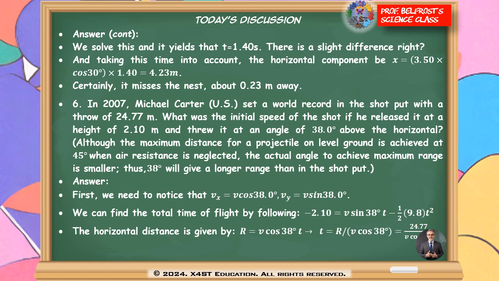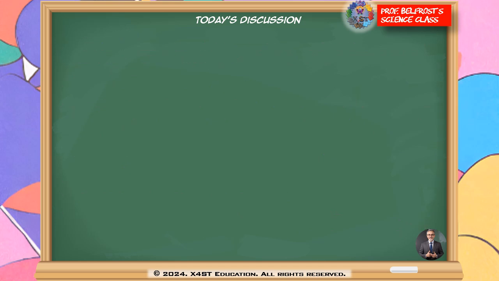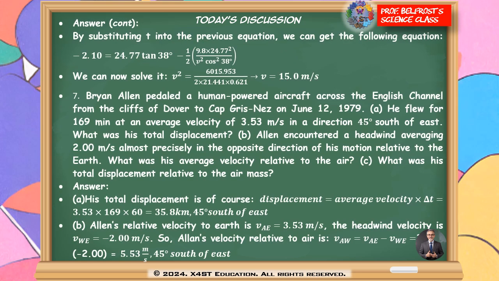First we need to notice that we can create a Vx and Vy, and then by using this data we can find its total time of flight, and also we can find the total time of flight by using the horizontal maximum distance range formula, and you can substitute this into the previous equation, the second equation, and you can solve this.